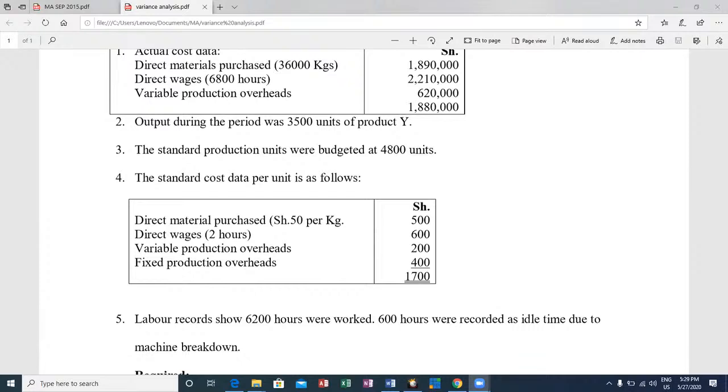For now, I can see the materials from the standard card. I can see in brackets here, shillings 50 per kilogram, whose total is shillings 500.